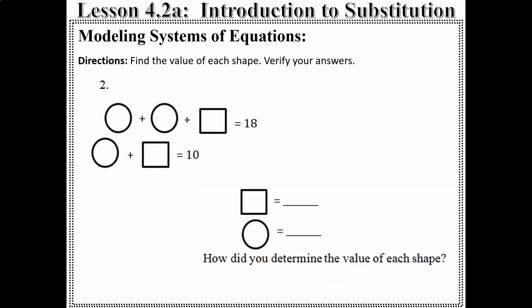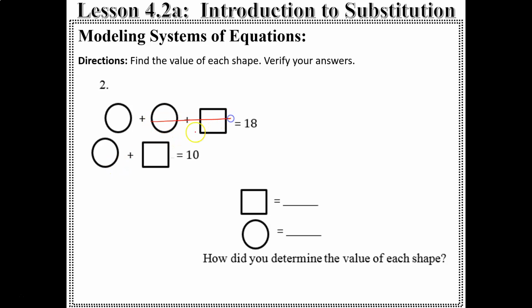This time, we don't get an exact value. We know that 2 circles and a square is 18, and a circle and a square is 10. Take a moment and see if you can figure this one out. I have a circle and a square here, and a circle and a square there.